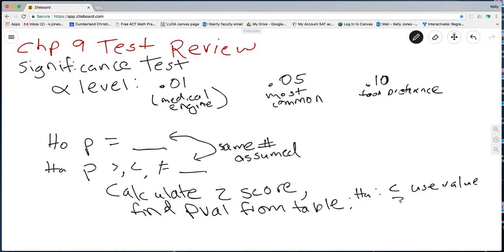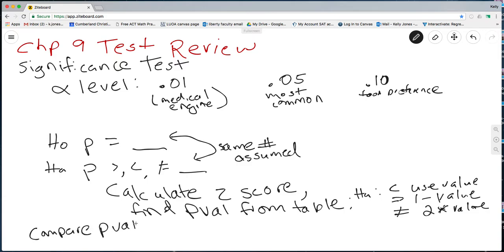If it's greater than, you do 1 minus the value that you get from the table. And if it's not equal to, you do 2 times that value. So you definitely need to jot this down, maybe put it on the board for the test so that you can remember which is which, because you don't want to make a mistake here because that's going to change your whole answer.